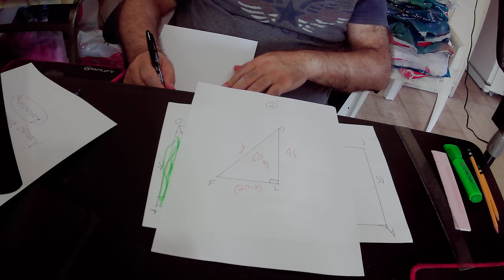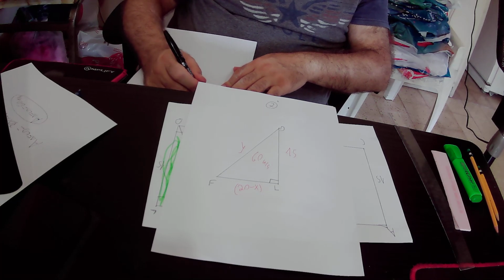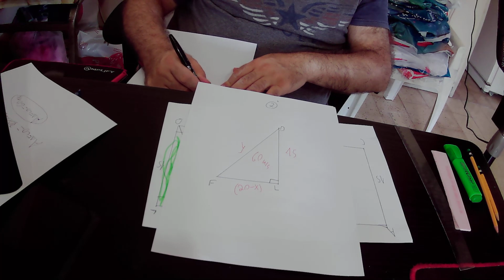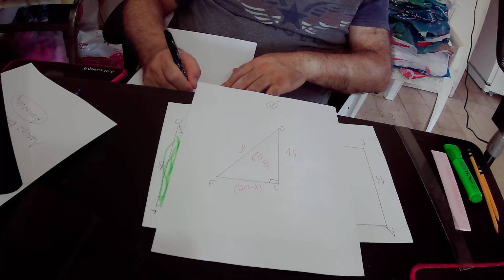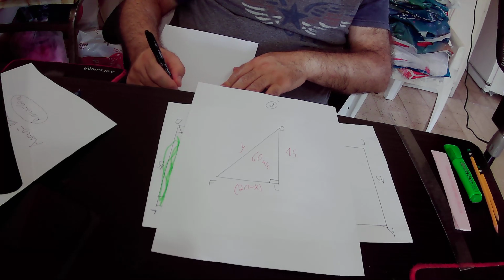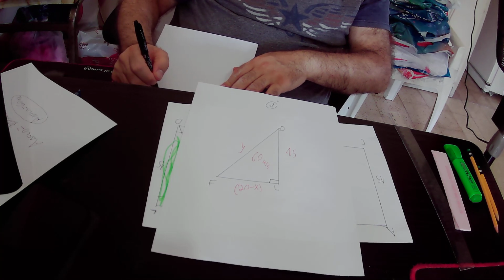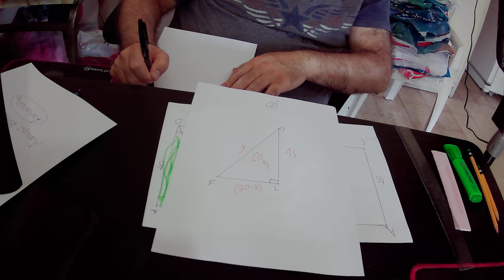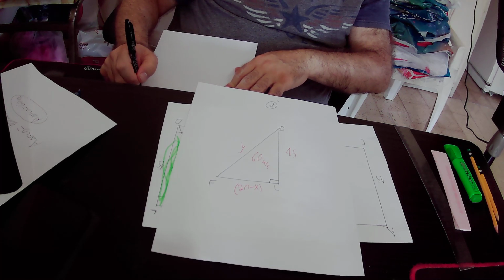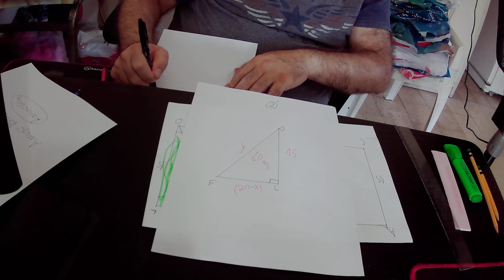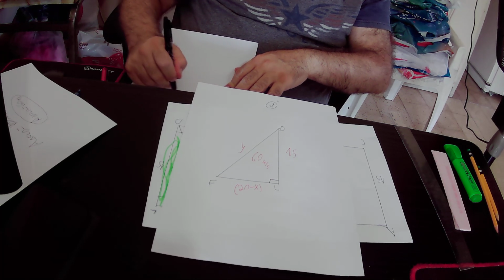The formula for the area of any triangle equals the base of the triangle times the height to the base over 2.